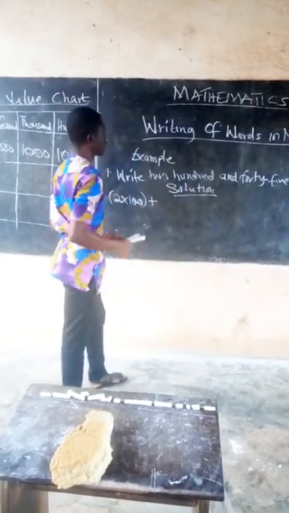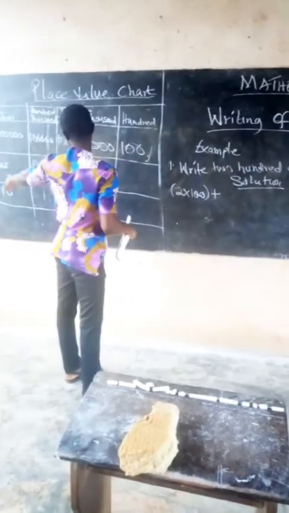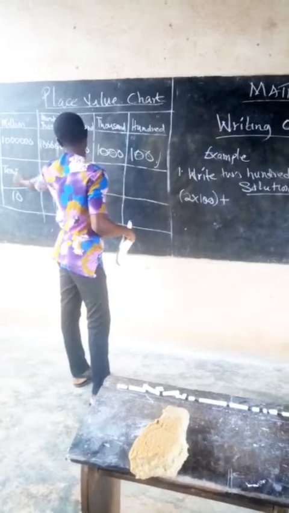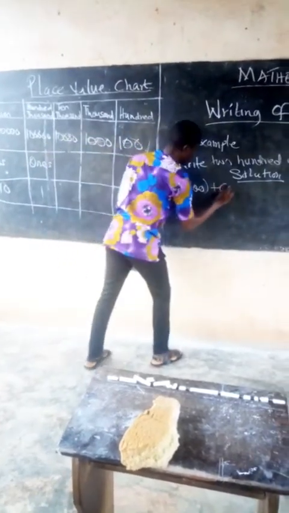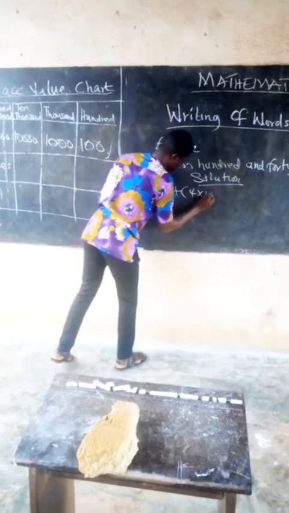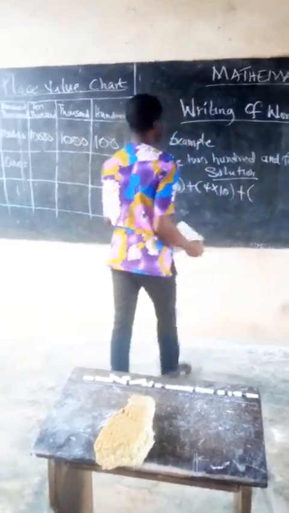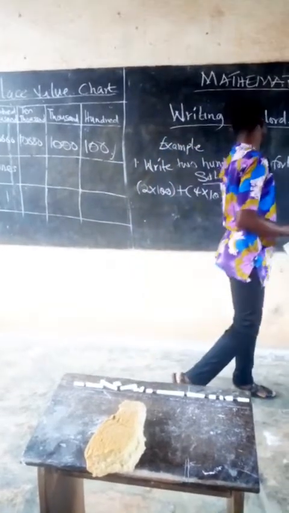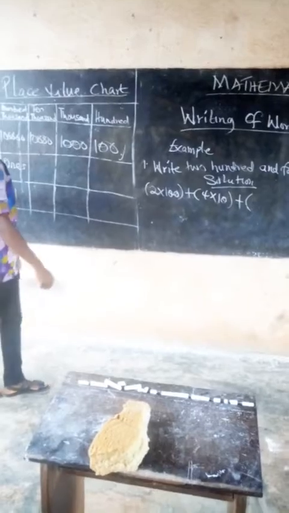For 45, 40 is in 10, so 4 times 10. 5 times 1. From 100 you move to 10, from 10 you move to 1.